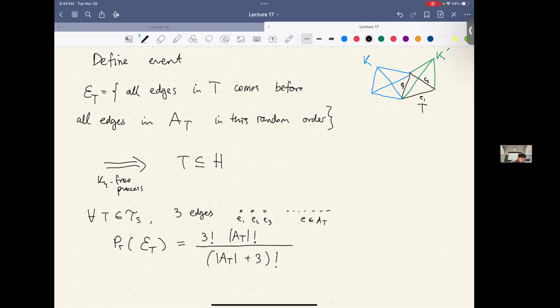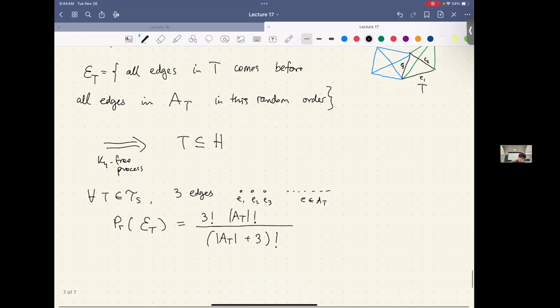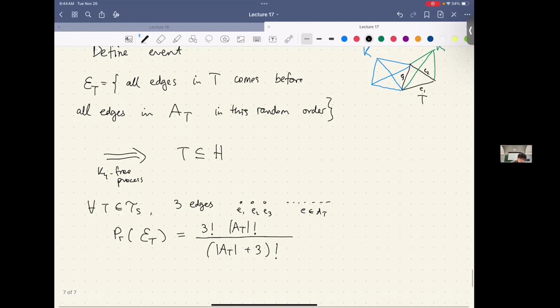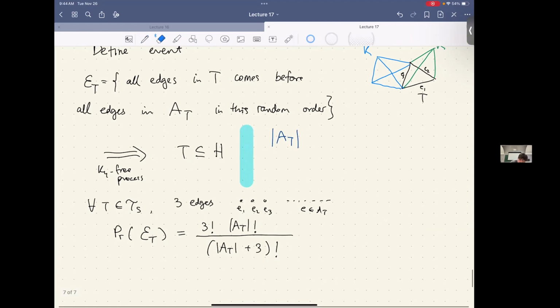If you do the calculation, let's first upper bound the size of AT. Note that AT is not so big. How many edges in AT?